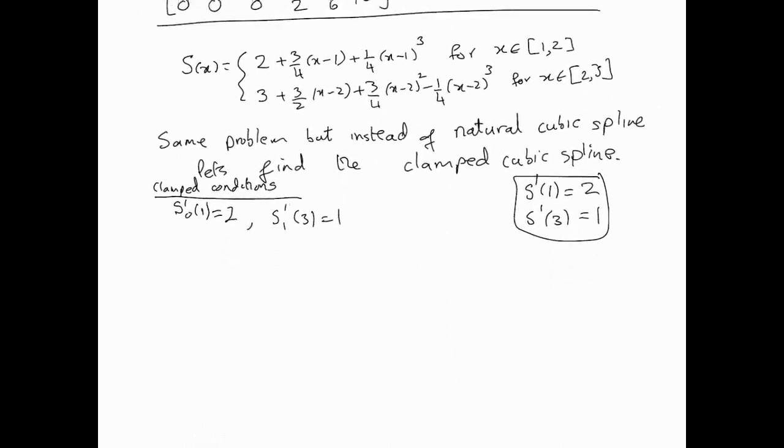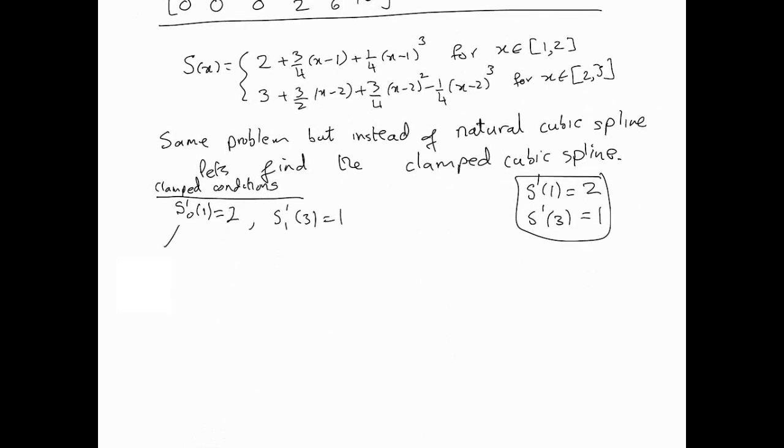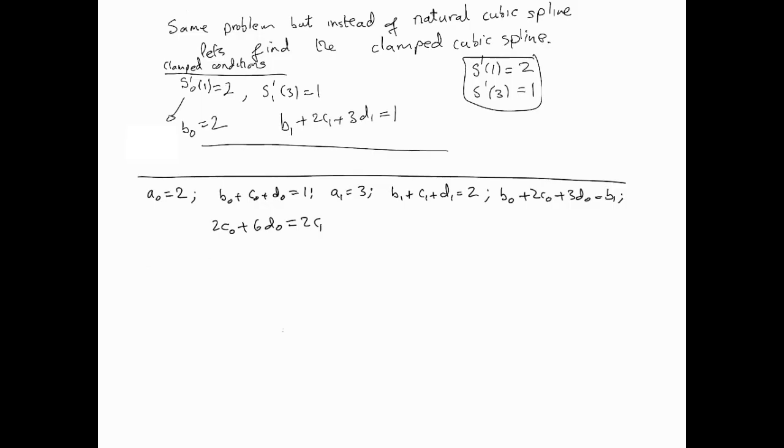If we do that, this condition tells us that clearly b0 is equal to 2, and S1 dash of 3 equal to 1 gives us the equation 1 plus 2c1 plus 3d1 is equal to 1. Now if we summarize our equations, I've written them here again for you. a0 is 2. All of these equations now need to be updated with b0 equals 2.